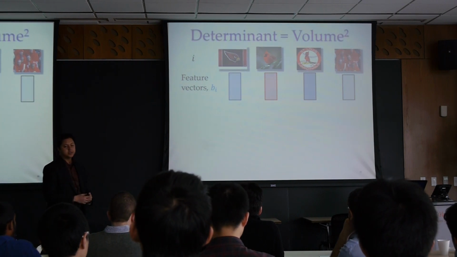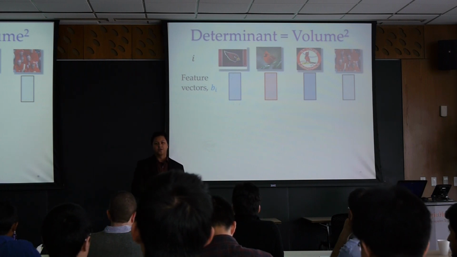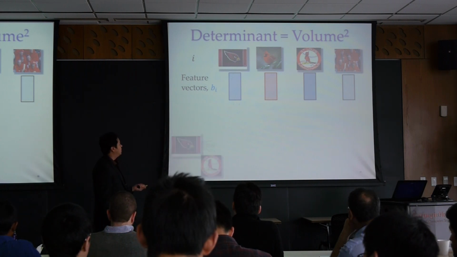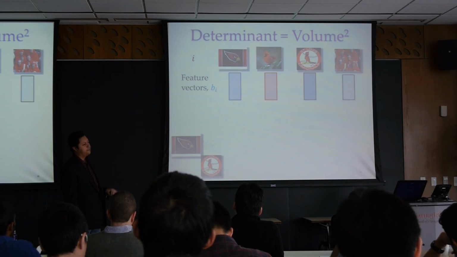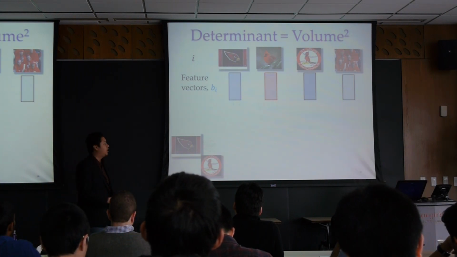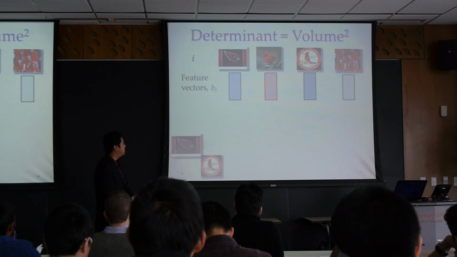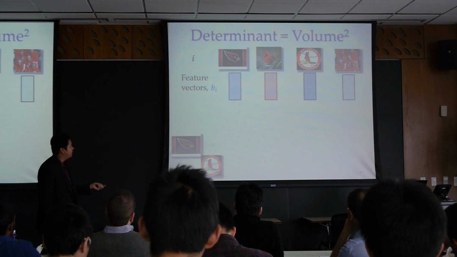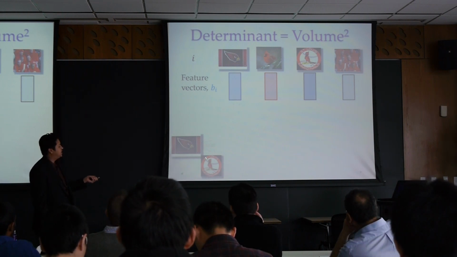So why is DPP a repulsive point process? Why does it have that diversity component to it? Well, remember that the determinant of a particular matrix is the volume squared of the space spanned by the entries of the matrix. So for example, in our example, we have two cases that are quite similar.